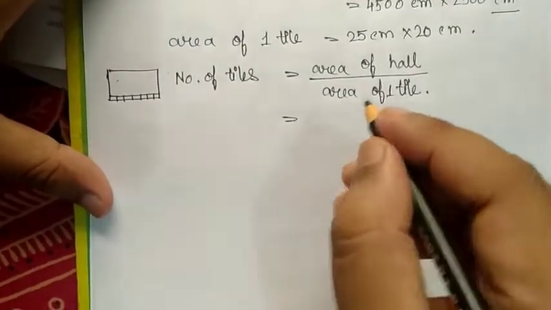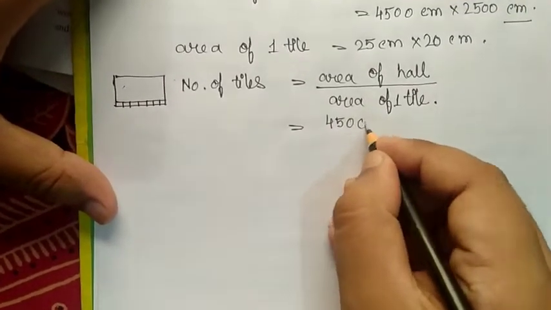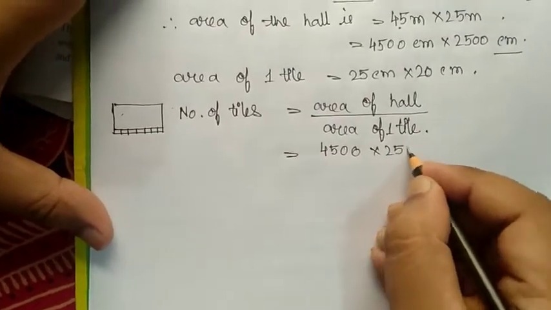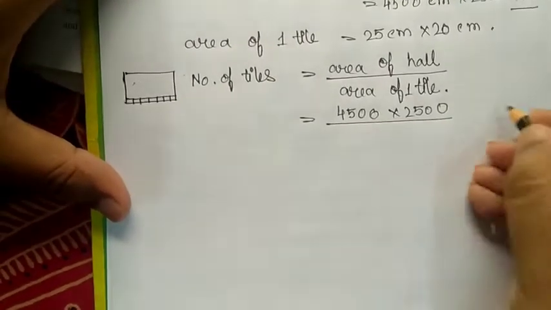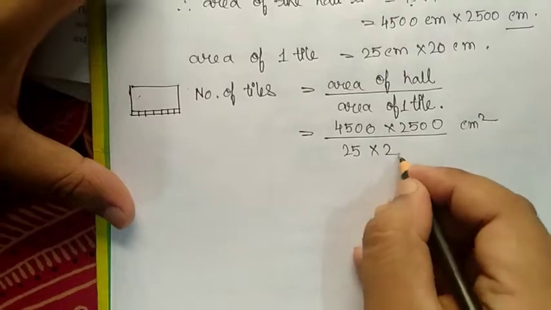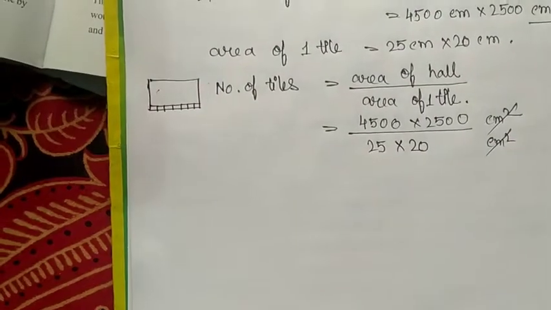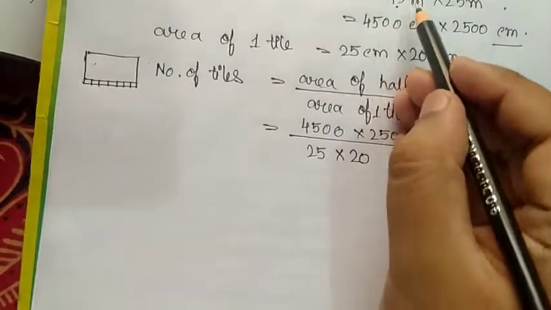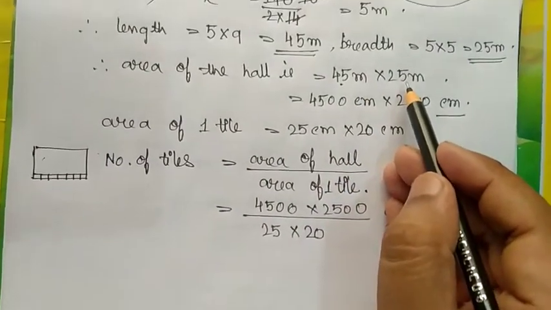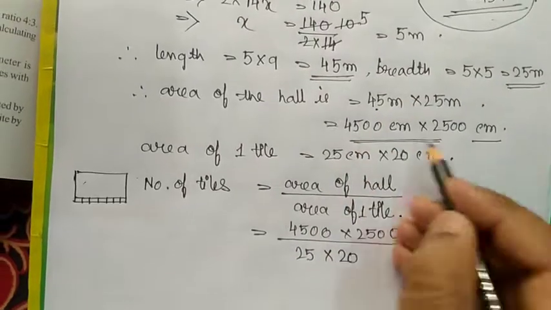So therefore area of the hall is 4500 into 2500 centimeter square, and it should be divided by 25 into 20 centimeter square. First of all, here I just write down 45 into 25, just only in this formation.